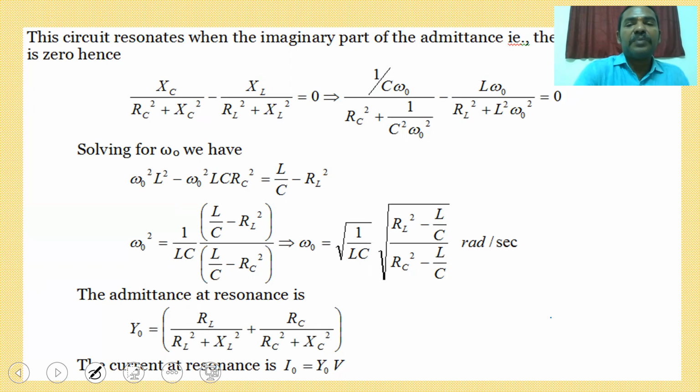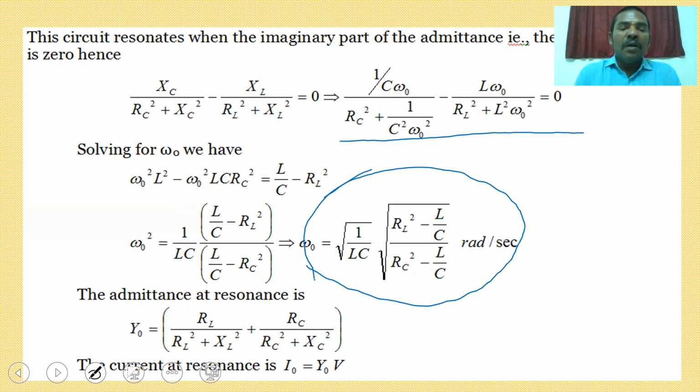After substitution and simplification, omega naught square L square minus omega naught square LC RC square is equal to L by C minus RL square. Further simplification gives the omega naught value: omega naught is equal to root of 1 by LC into root of the numerator value (RL square minus L by C) divided by the denominator value (RC square minus L by C).